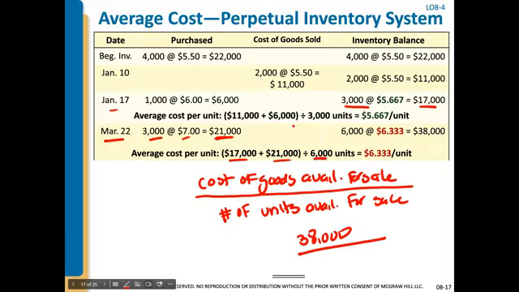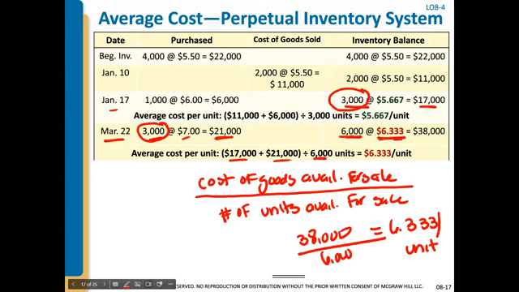Here on January 17th, we had 3,000, and then on March 22nd, we acquired another 3,000. So that's how we get our $6.33 per unit. So your ending inventory has these 6,000 units, and you allocate this new average cost per unit of $6.33, and it gives you an ending inventory number of $38,000.